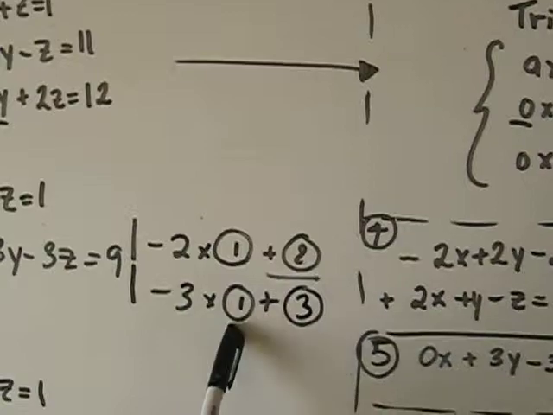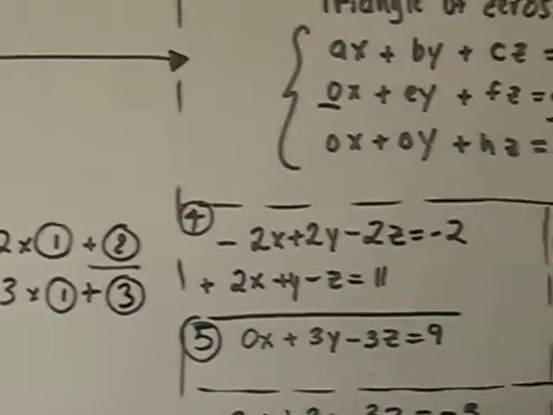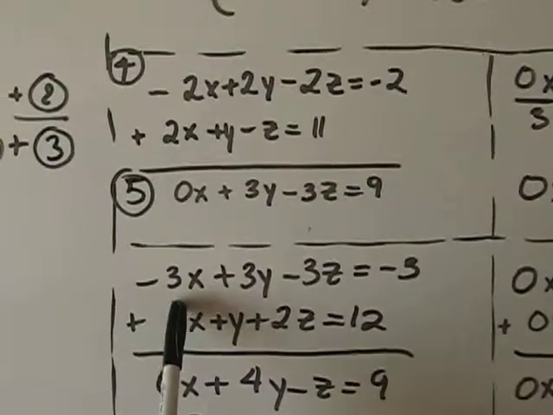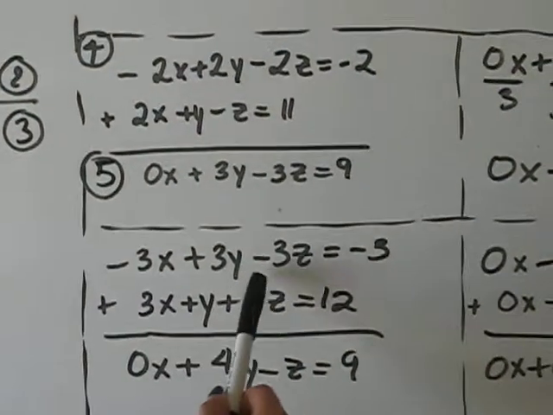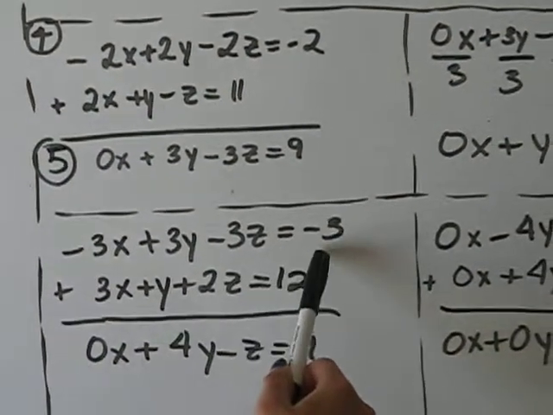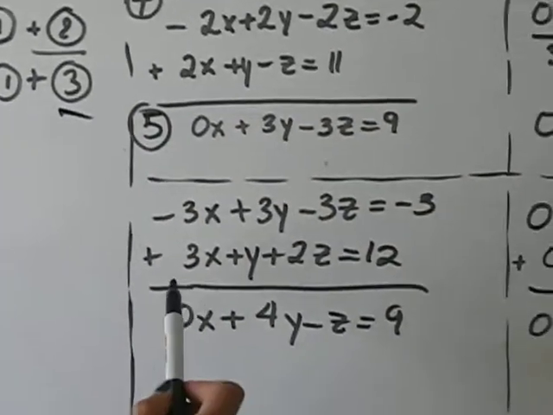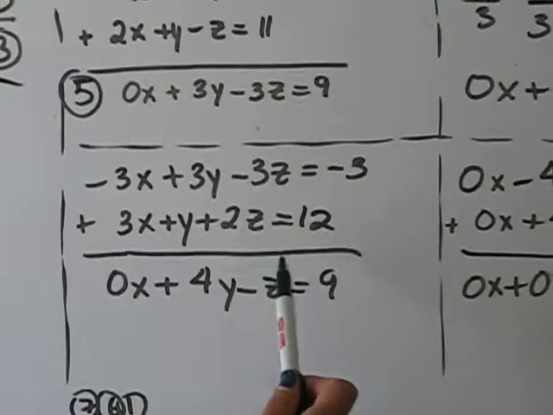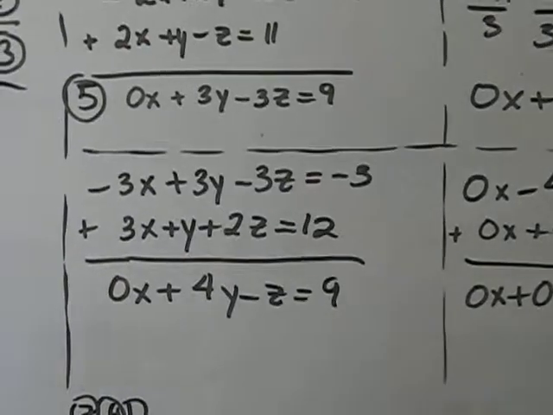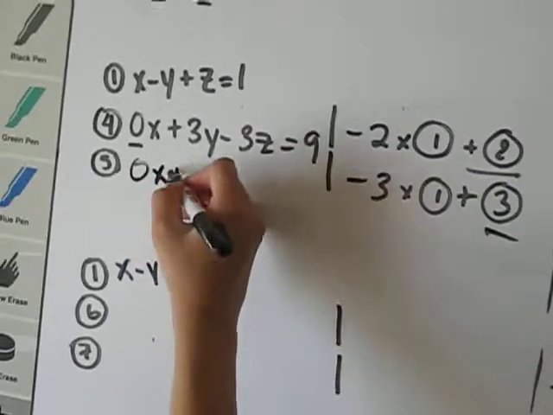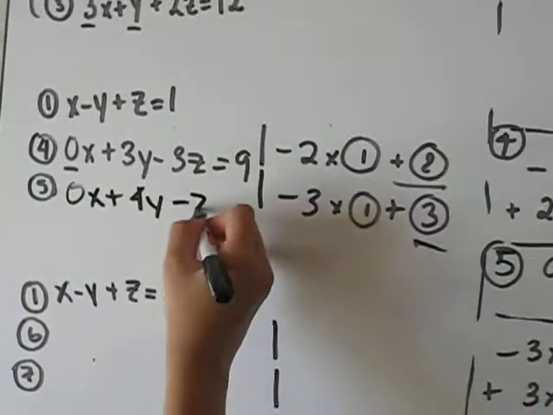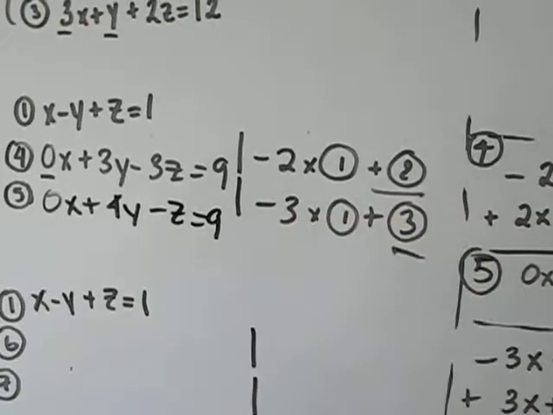So multiplying the first equation by -3 will get you -3x plus 3y minus 3z equals -3. Adding it to equation number 3, which is 3x plus y plus 2z equals 12, would give you 0x plus 4y minus z equals 9.